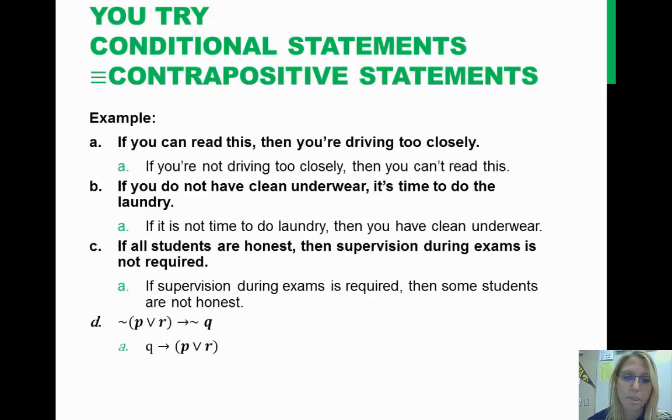C: if all students are honest, then supervision during exams is not required. Now notice it's one of those quantified statements, so we're going to have to go from all to some. If supervision during exams is required, then some students are not honest. And the last one, which I think is one of the easiest because it's already in symbolic form, is just flipping and negating the two statements, Q, then P or R.